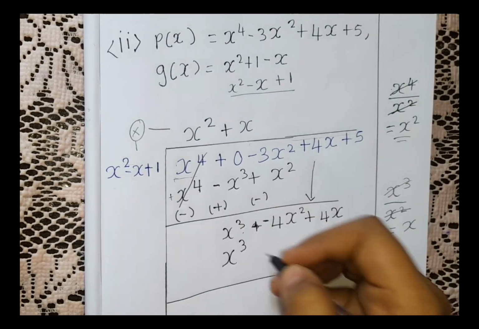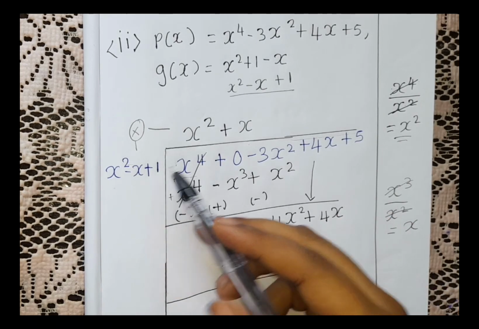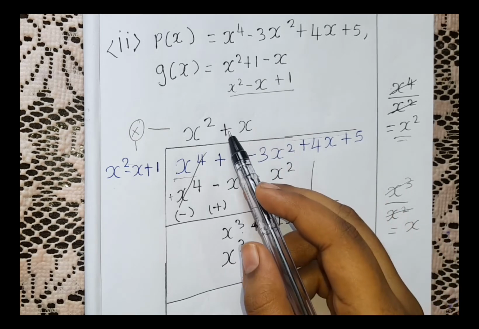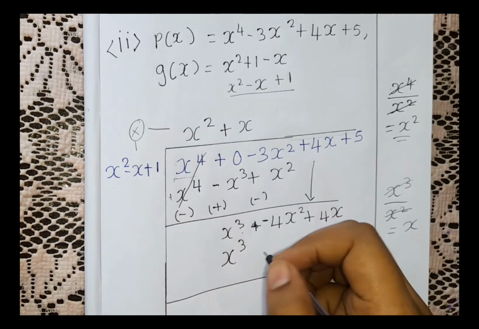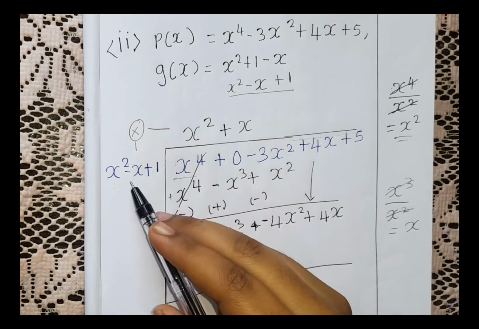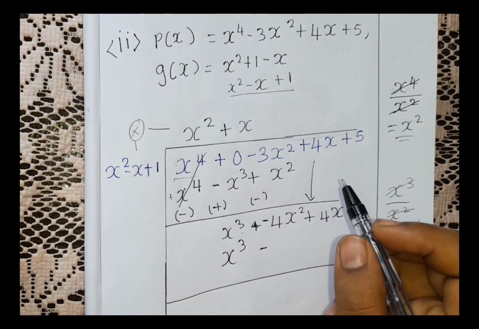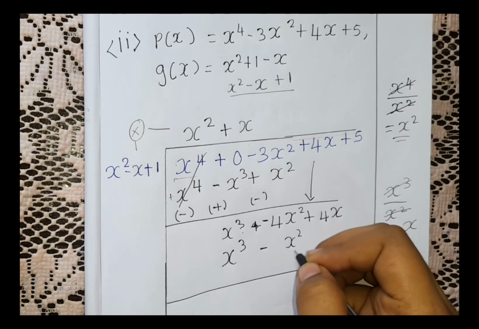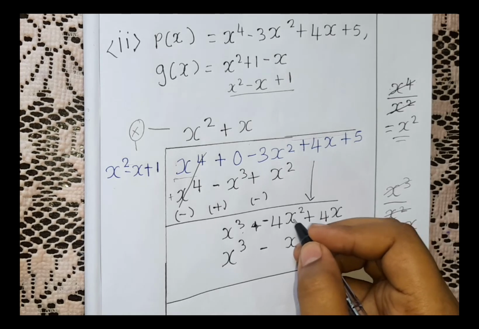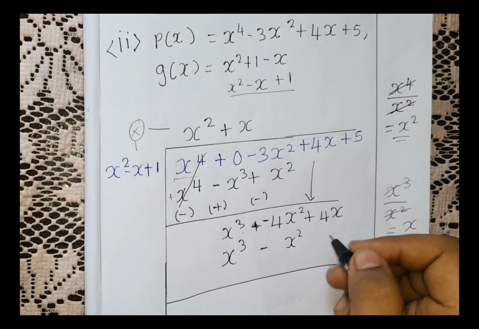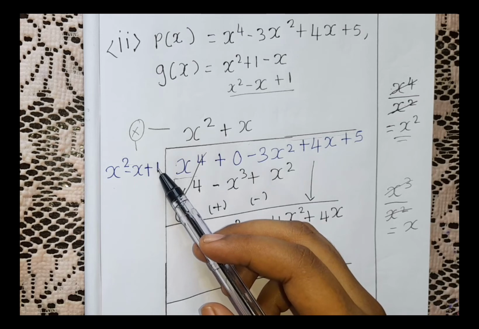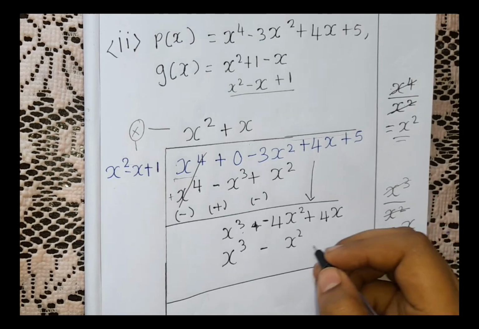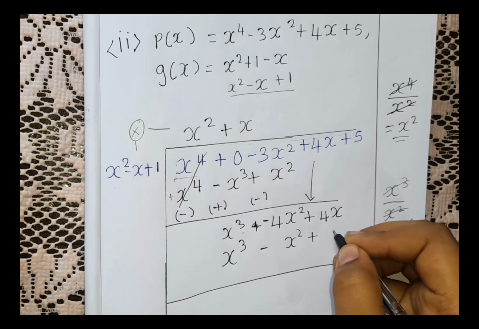Then plus into minus is minus, so we shall write the minus first, and x into x is x square, so we shall write the x square right over there, because under the x square only we are supposed to write it. The next one is 1, so 1 into x is 1x. Instead of writing 1x, you can just write x, because the x value is of course 1.